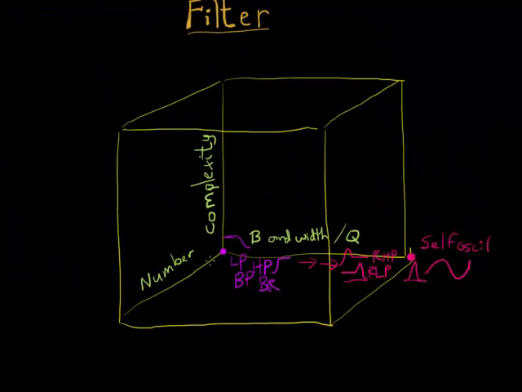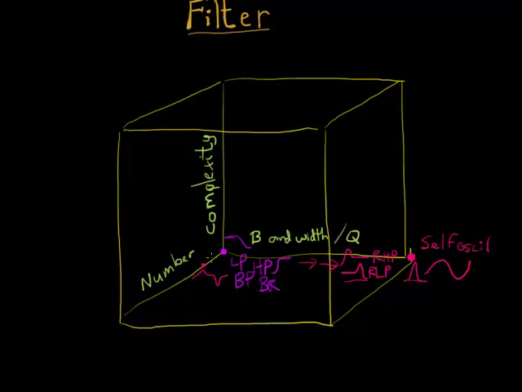Then if we go, well, what other kinds of filters are there? Well, a parametric filter may have more than one different peaks and valleys in it, and so that would increase in number. It typically has a little bit tighter bandwidth, and may actually be a little bit higher up. So this one is slightly increased in complexity.